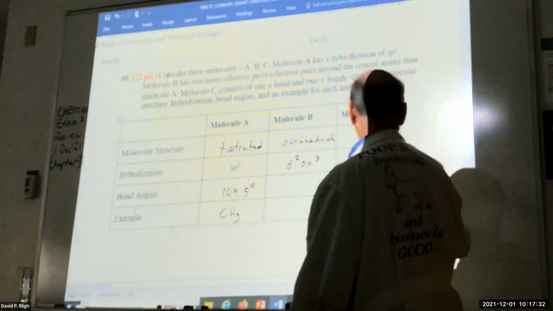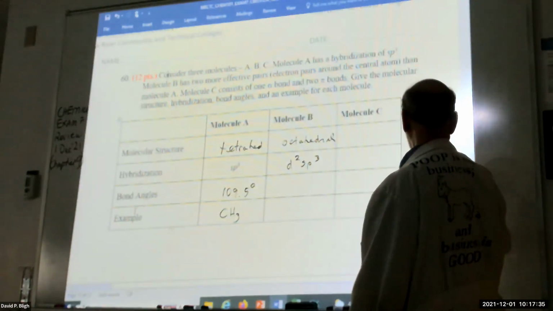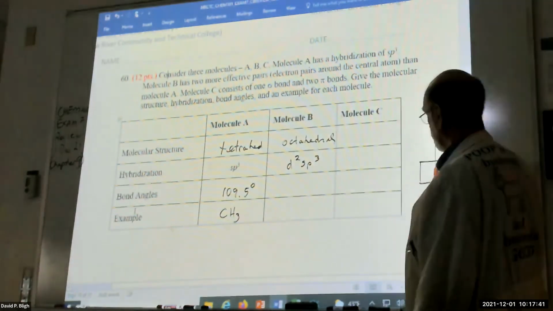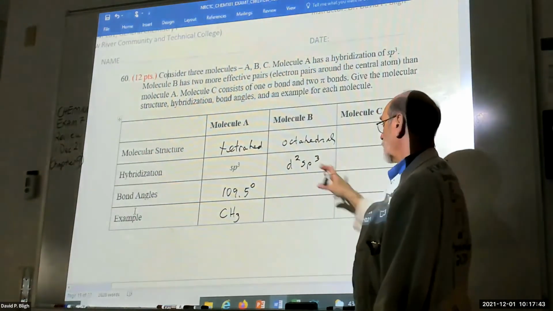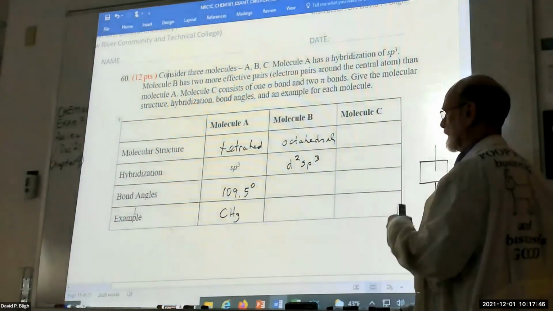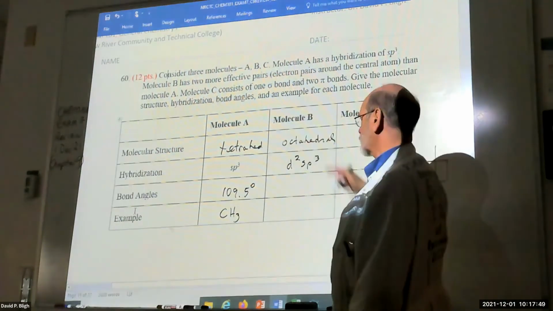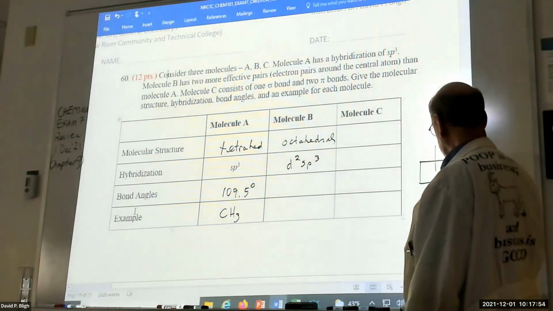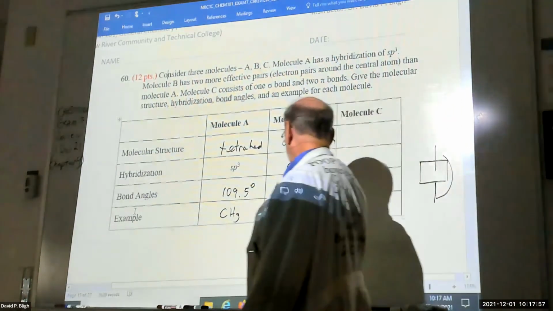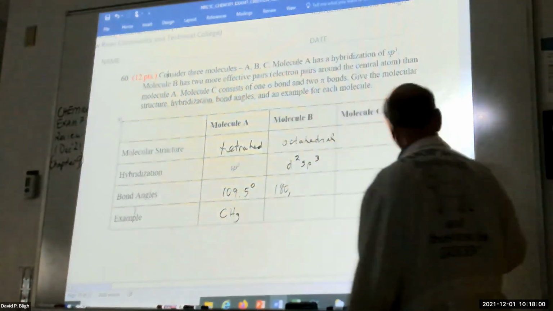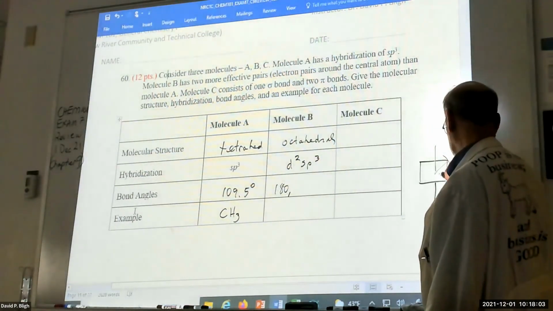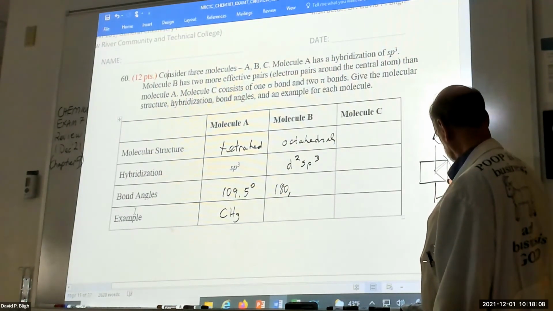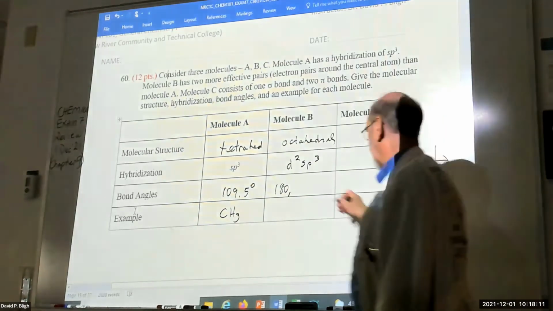And the bond angles, if we draw it out like this, and we're assuming here that there are no lone pairs. We have to assume that, otherwise we can't answer for molecular structure. The bond angles would be 180, that, or that, or this. They're all 90 degrees.